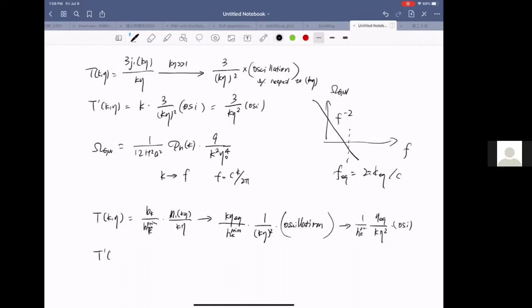And t prime, because of this oscillation, something like this, is k t_k. You cancel this k here. Remember, this is the key part. So we have an expression that is independent of k.